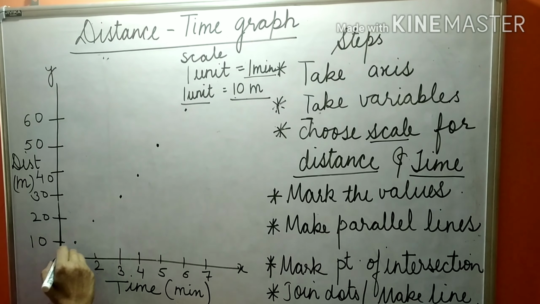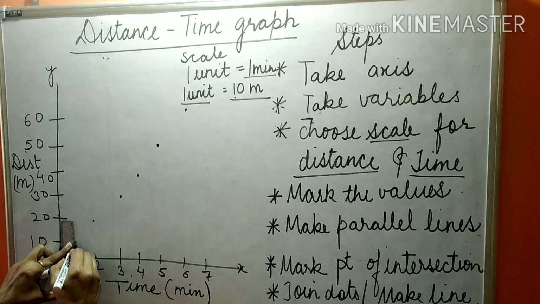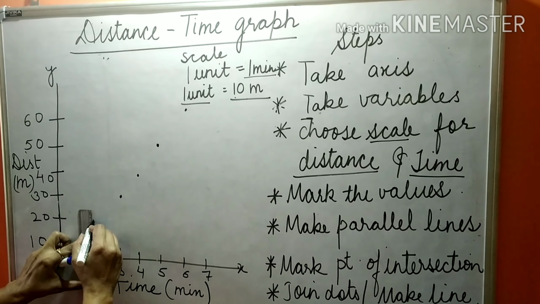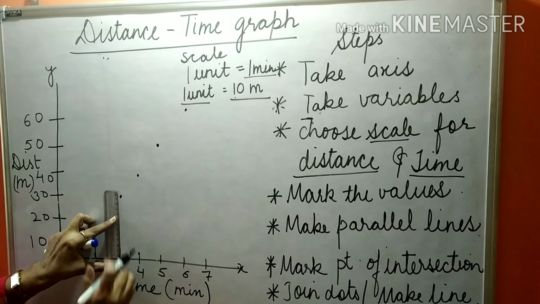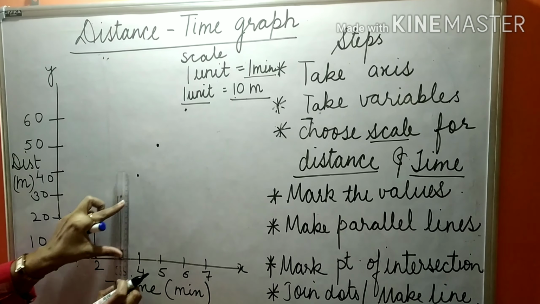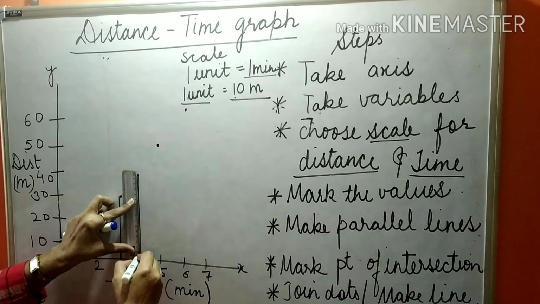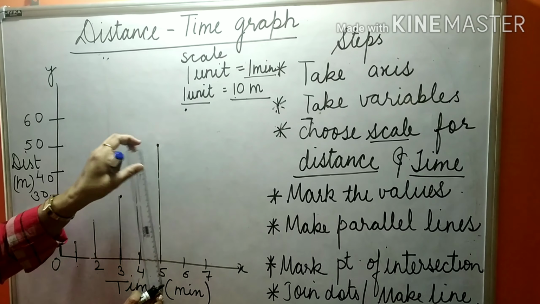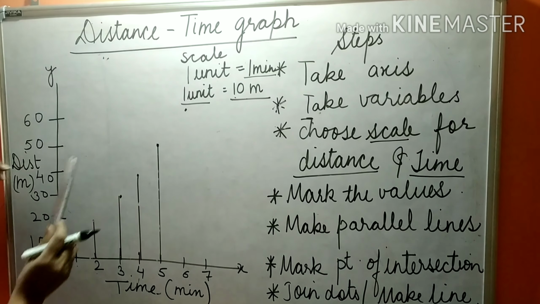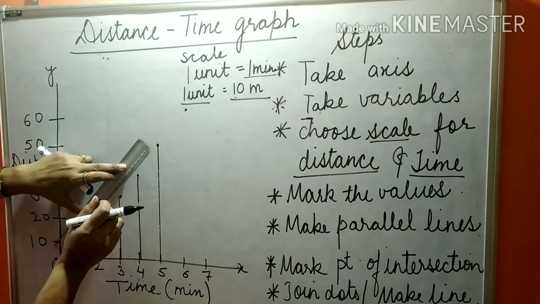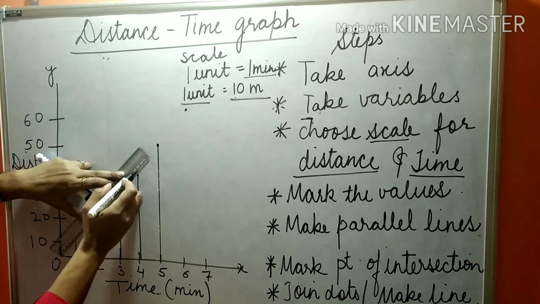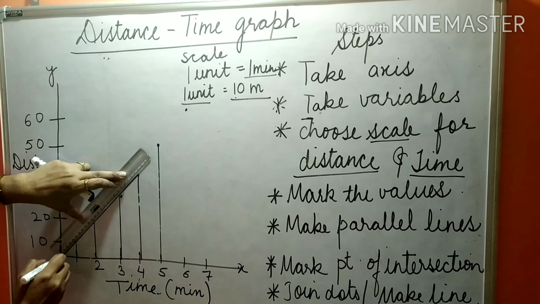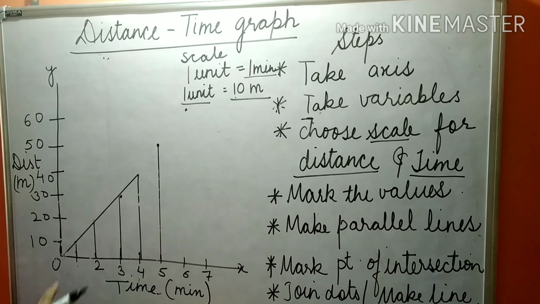Okay. So can you see a straight line? It is visible, right? Now what will we do? We will join these points. Fine. 1 is this, then 1 is this, then it is like this. Fine. Now can you see that? Now you just draw the line. Join all the dots. Fine. Can you see a straight line?